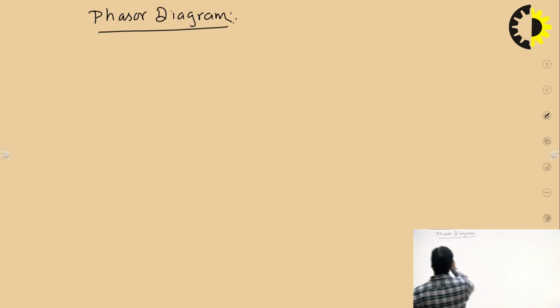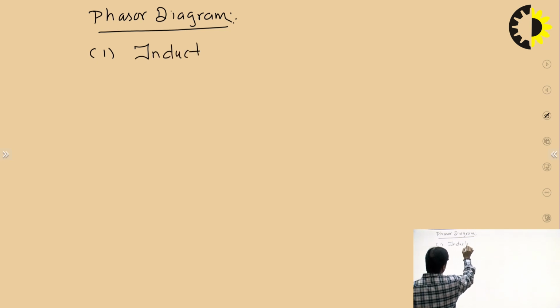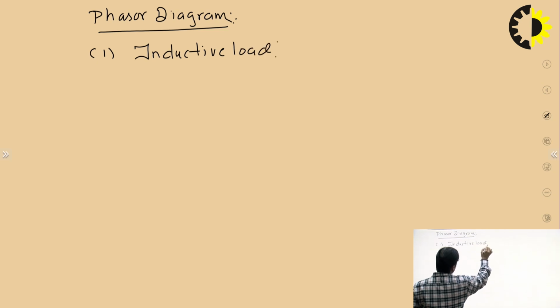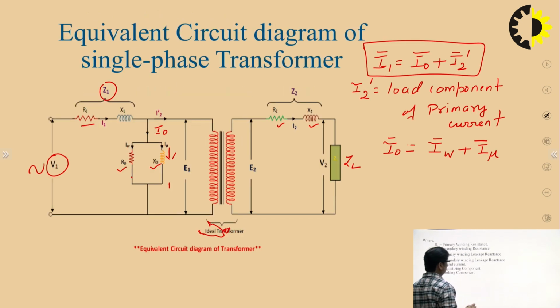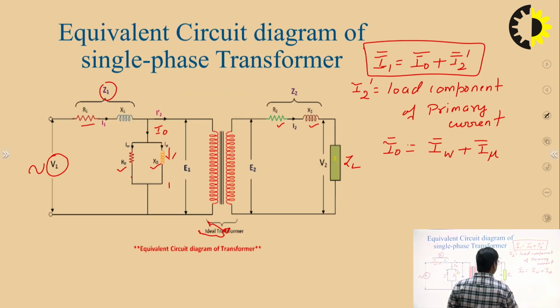Let us first draw the phasor diagram for an inductive load. If the load is inductive, then the load impedance will be inductive. Before that, we need to write the voltage equation of the primary and secondary side.